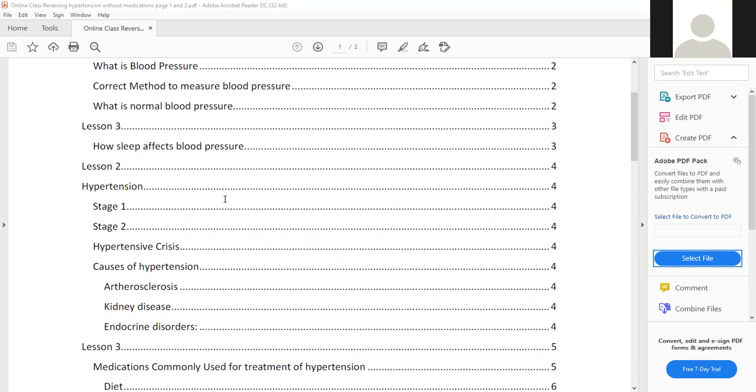But I have moved to the organization that defines hypertension as a systolic blood pressure of 120, and it goes in different stages. When you are at a diastolic blood pressure of greater than 80, you have another stage of hypertension. The reason I did that is because when your blood pressure reaches 120 over 80, you are at risk for cardiovascular disease. So, what does that mean?